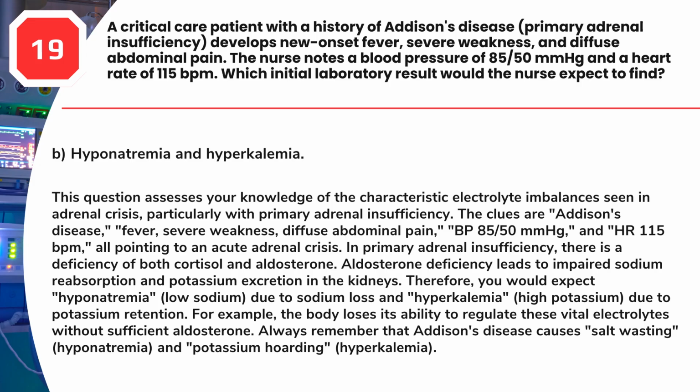Aldosterone deficiency leads to impaired sodium reabsorption and potassium excretion in the kidneys. Therefore, you would expect hyponatremia, low sodium, due to sodium loss, and hyperkalemia, high potassium, due to potassium retention. For example, the body loses its ability to regulate these vital electrolytes without sufficient aldosterone. Always remember that Addison's disease causes salt wasting, hyponatremia, and potassium hoarding, hyperkalemia.